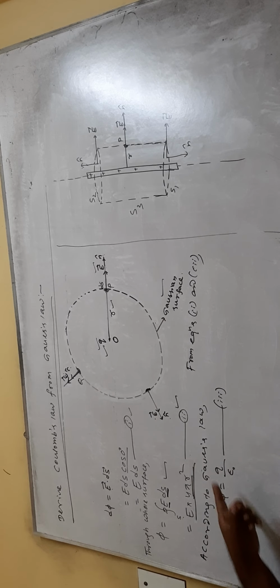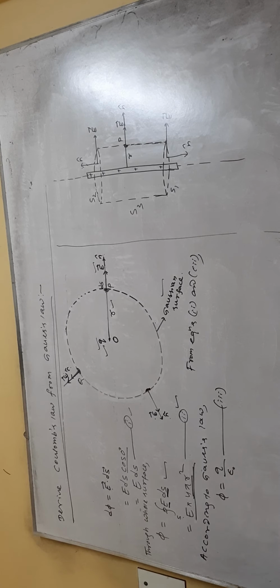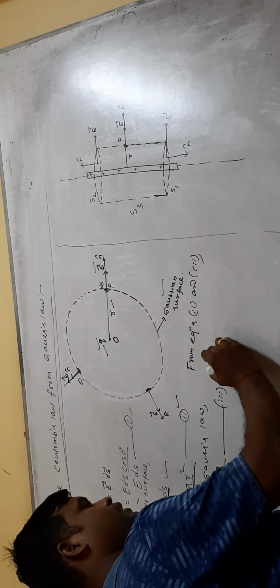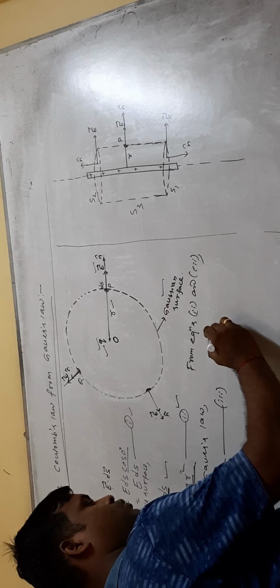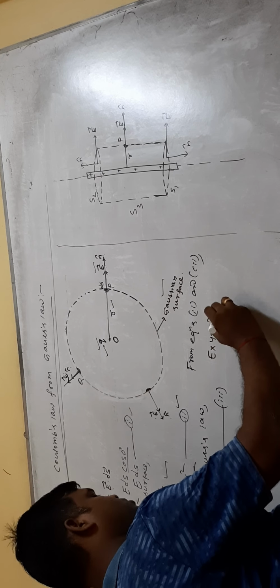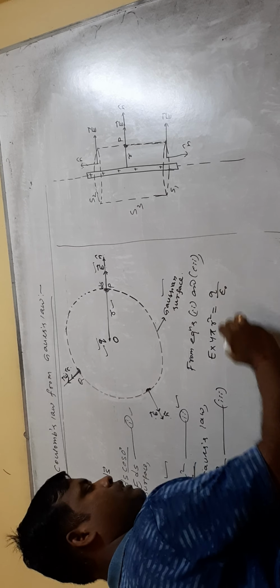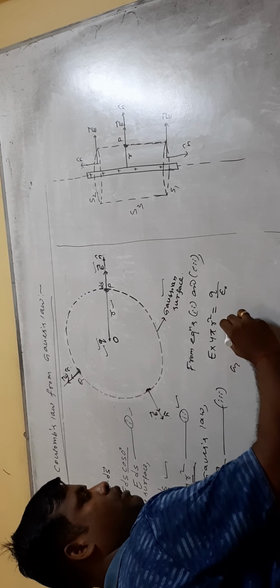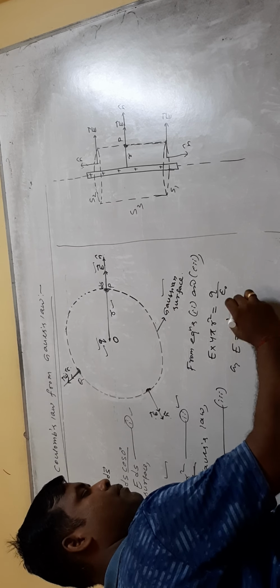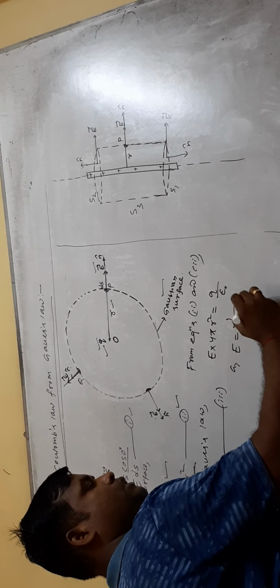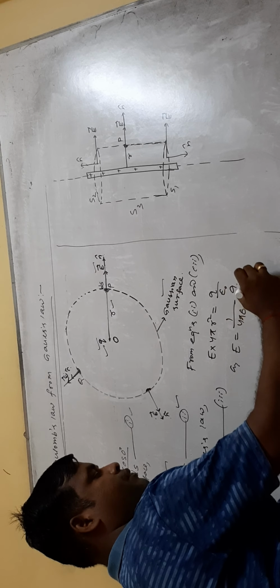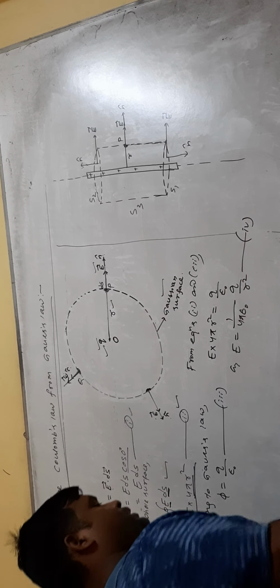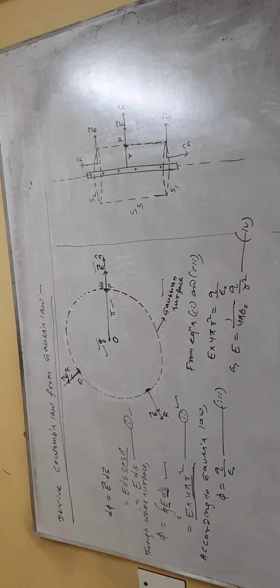In equation 3 also phi is equal to q by epsilon 0. So now you can compare: E into 4 pi r square is equal to q by epsilon 0, or E is equal to 1 by 4 pi epsilon 0 q by r square. Let it be equation number 4.